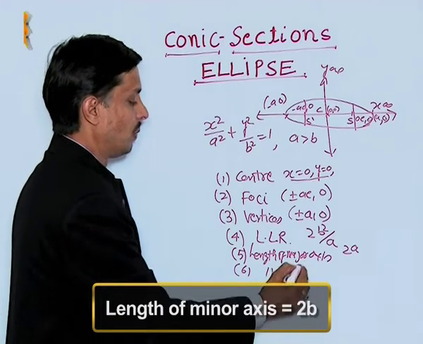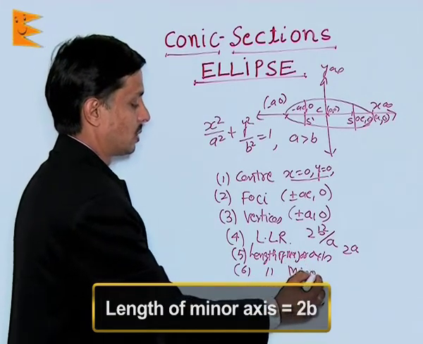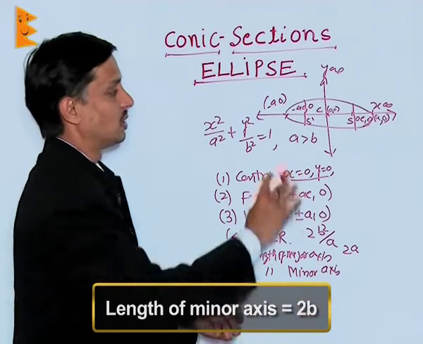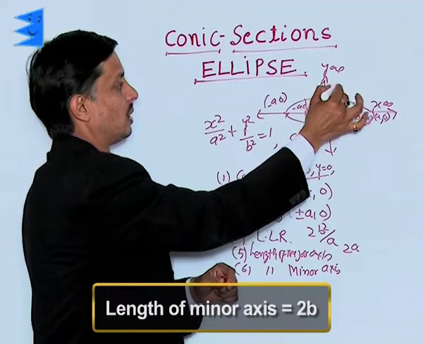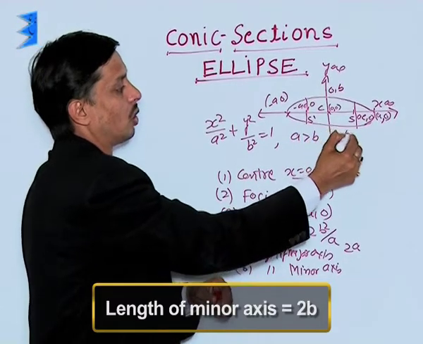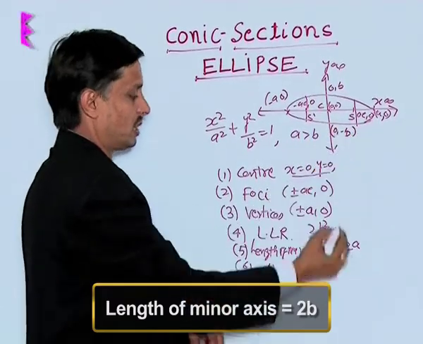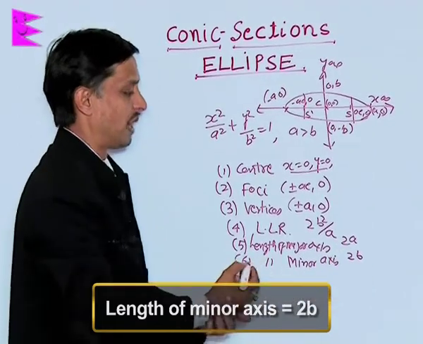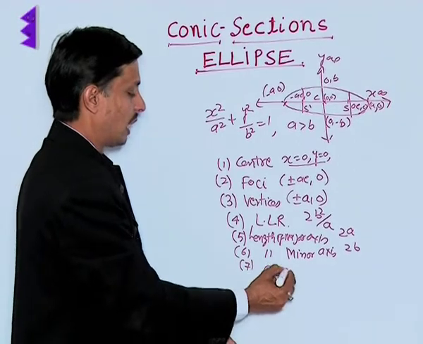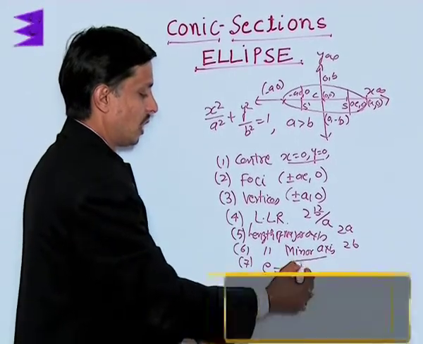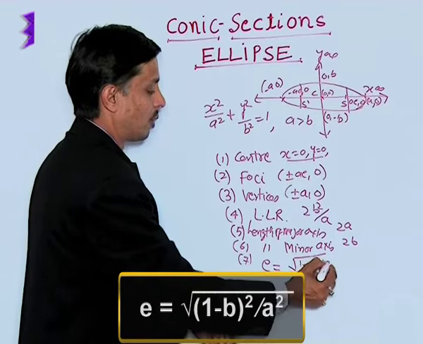The minor axis is the y-axis portion, with coordinates 0 comma b and 0 comma minus b. So the length of the minor axis is 2b. What is the formula for calculating the eccentricity? It is the square root of 1 minus b square upon a square.